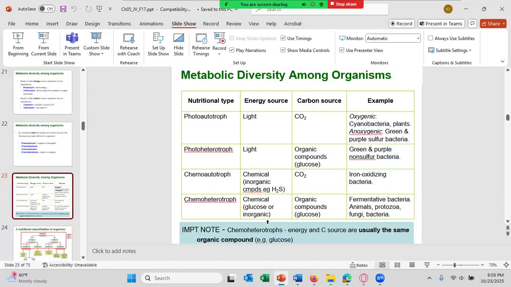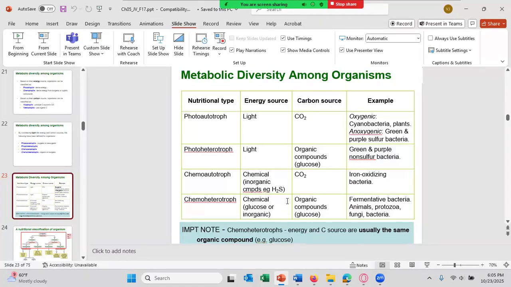Like humans, get both their energy source and their carbon source from glucose or any other molecule of food they eat. We're just talking about glucose because it's simple. And most molecules that you do eat will be converted to glucose, at least most of the time, and then digested as glucose. And we'll talk about that later in this lesson.